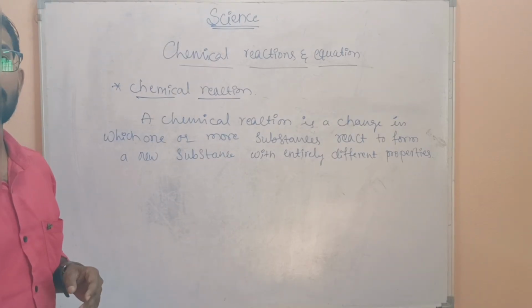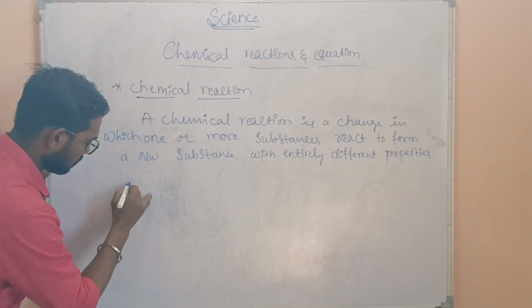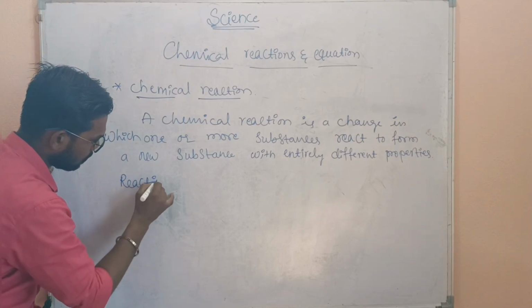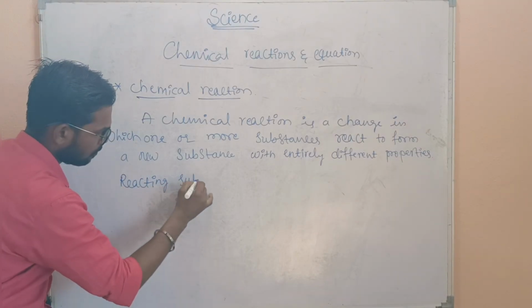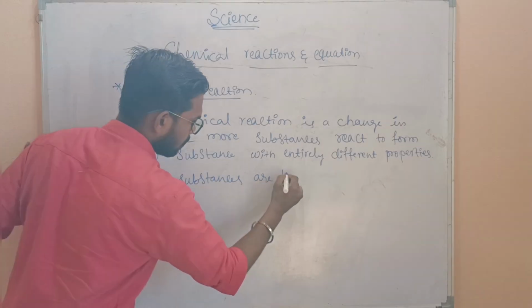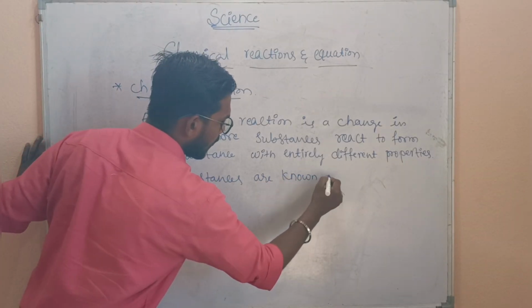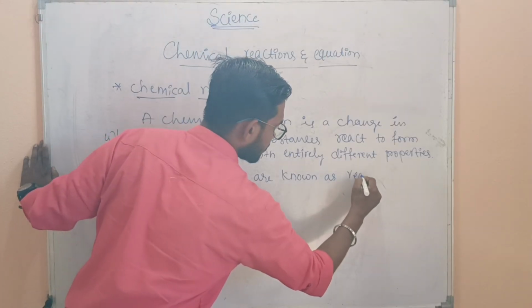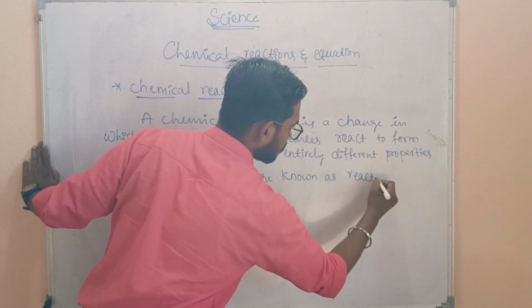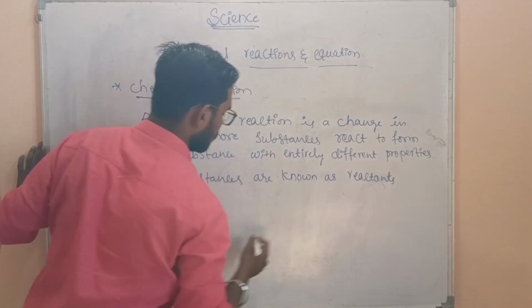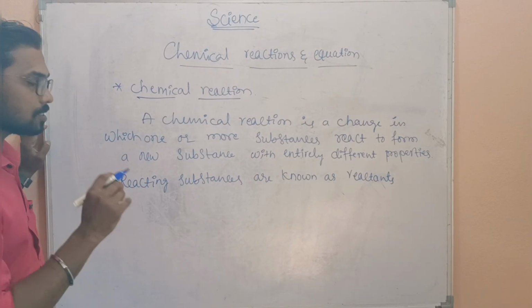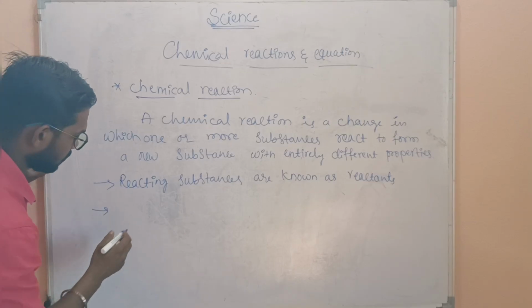Okay, so here the reacting substances are known as reactants, and whatever the new substance formed, that is known as the product.